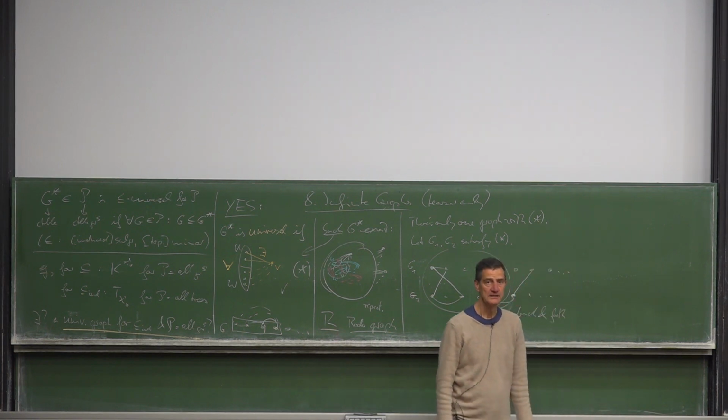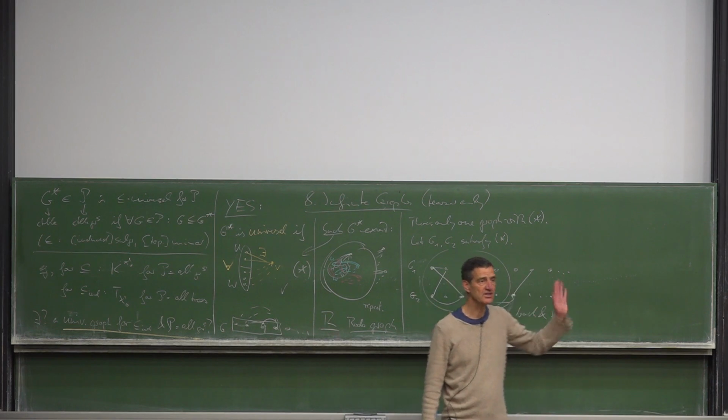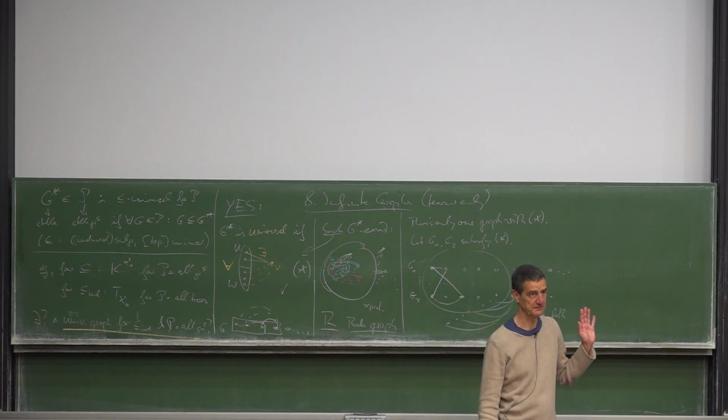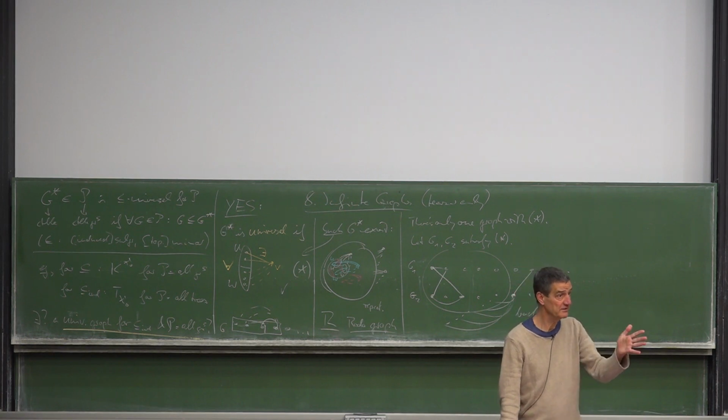One is that if you make finite changes to the Rado graph, in that you delete finitely many vertices, or delete finitely many edges, or add finitely many edges.